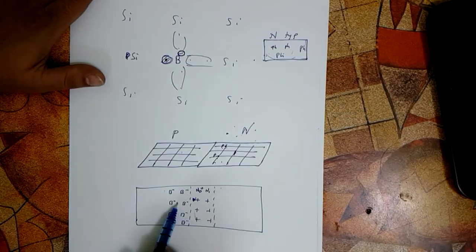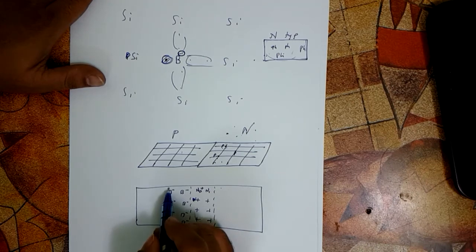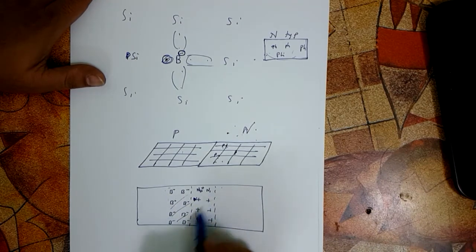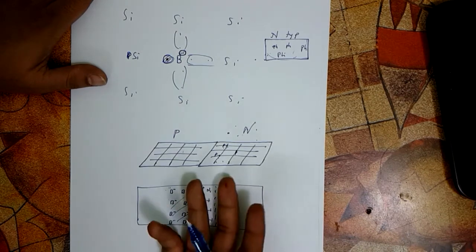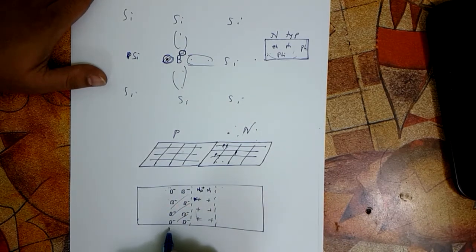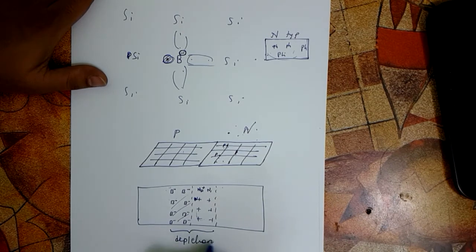No one, because all the holes are filled up. So in this region, the charge carriers are gone. Electrons have gone from here to here and combined with the holes. Holes are also gone, electrons are also gone. So this region is depleted of the charge carriers, and this region is called the depletion region.